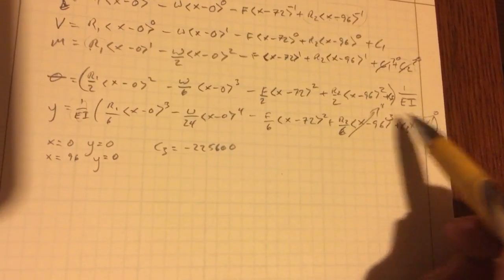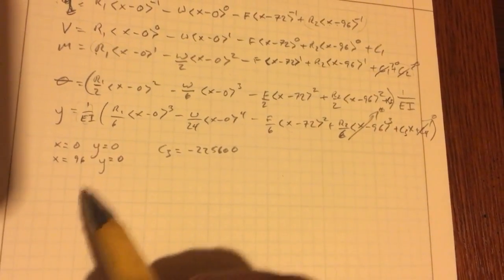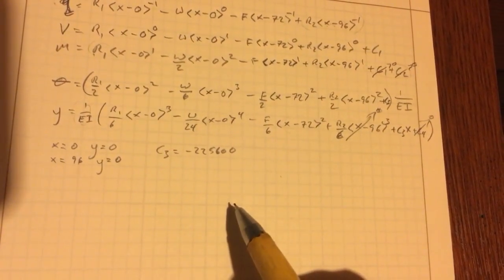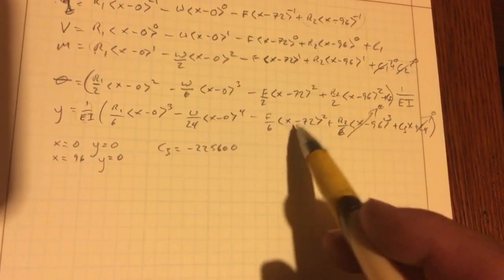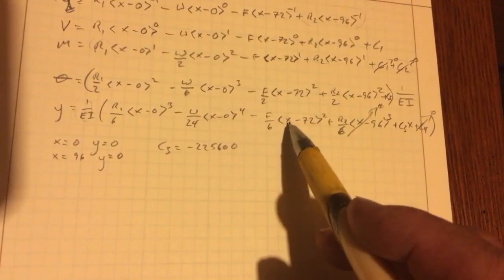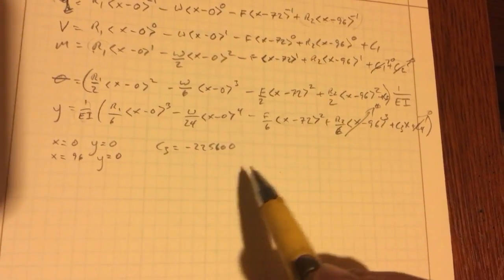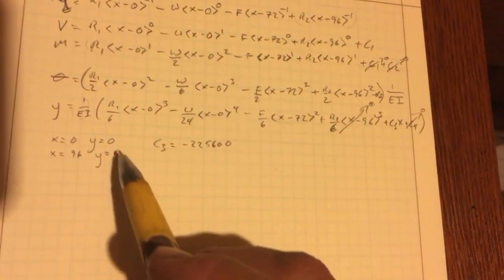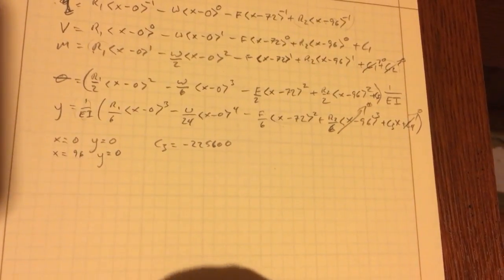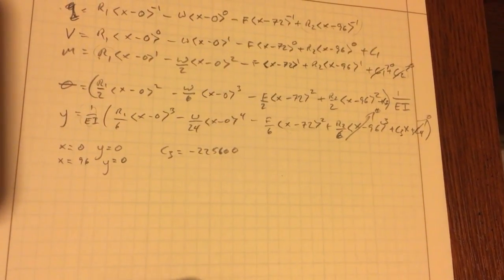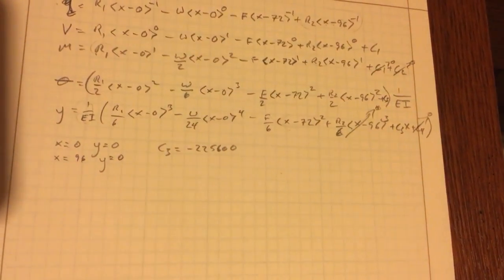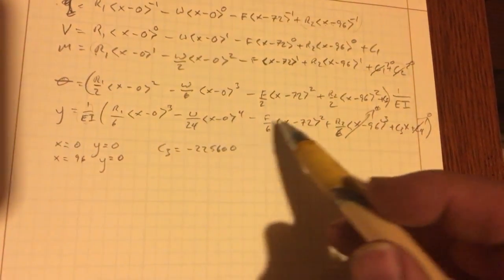Then if you have a program that will evaluate this and only evaluate it when x is greater than 72, then you can do a plot for this. Otherwise, if you're just finding a particular deflection at a point, you just plug it in.